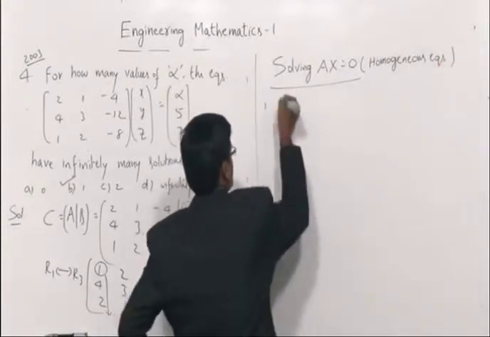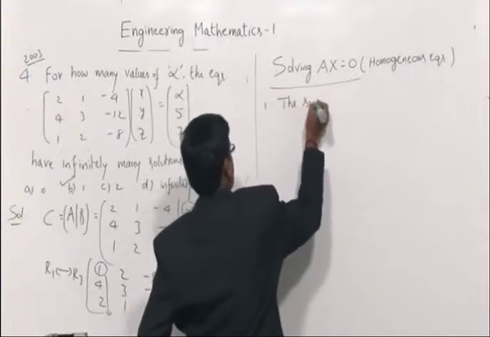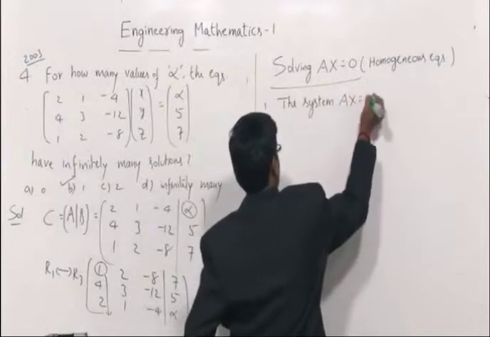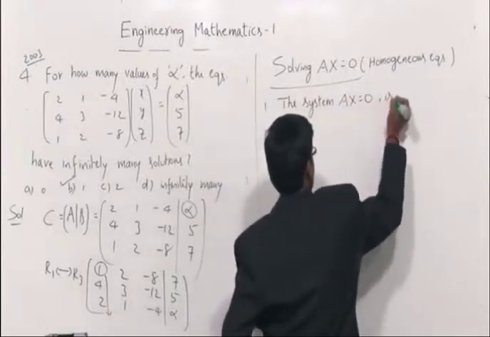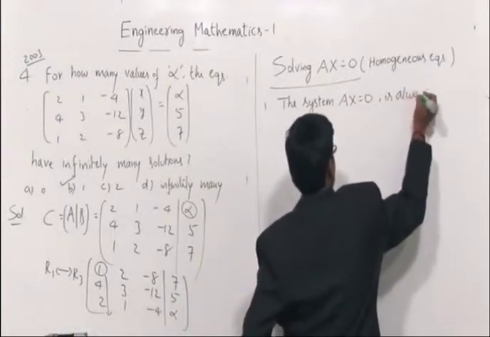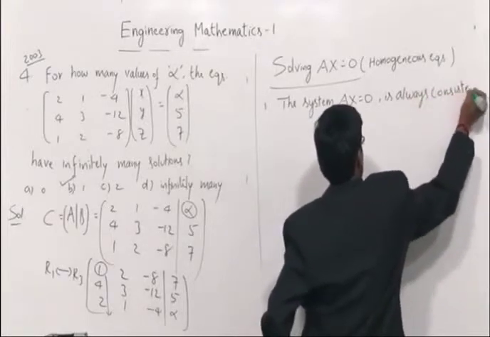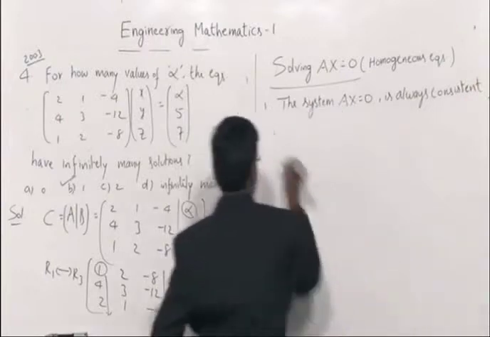Point 1: the system Ax equal to O is always consistent.